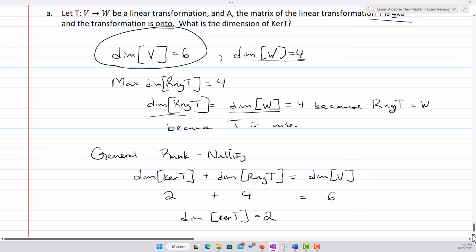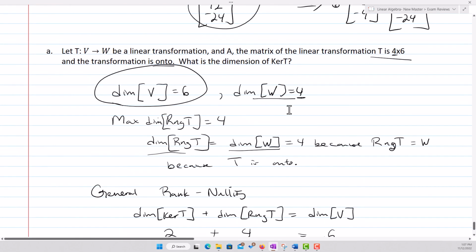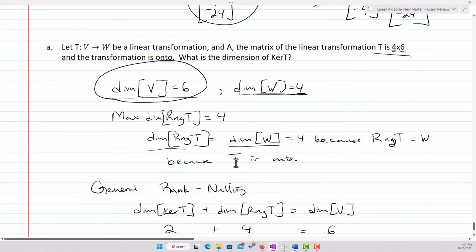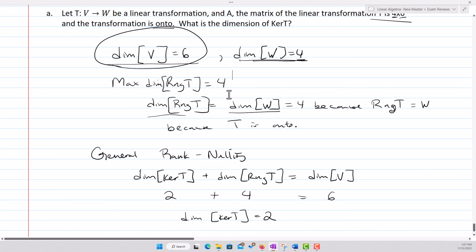Clearly, T is not going to be one to one. Again, a couple of pieces of information here are going to be handy. T is 4 by 6, so the dimension of our input space is 6. The dimension of W is equal to 4. The maximum dimension of the range of T is going to equal 4.